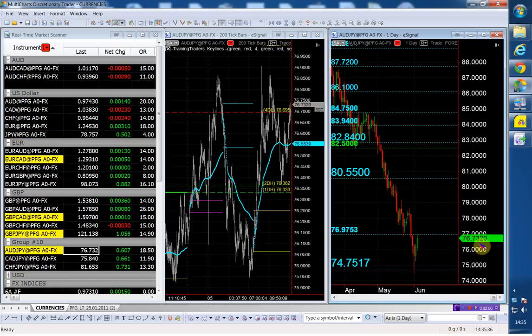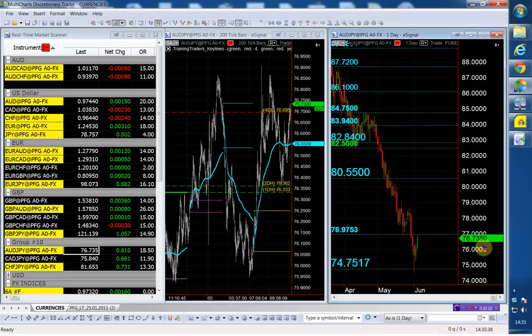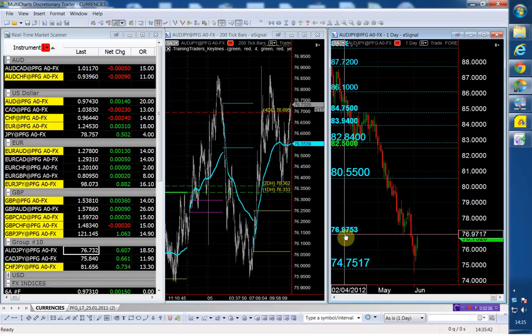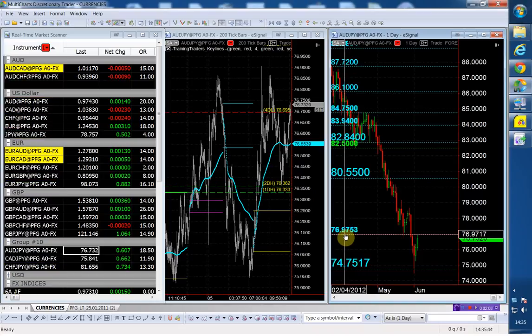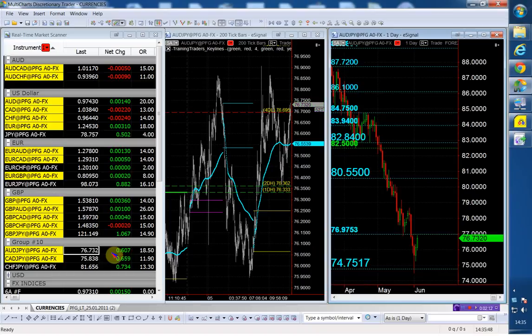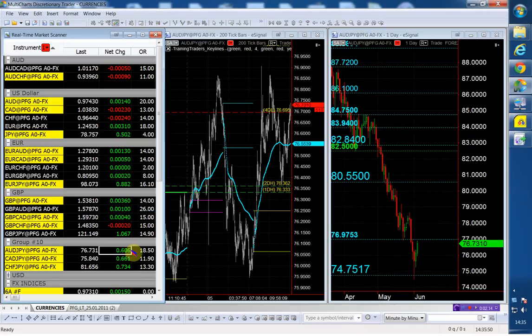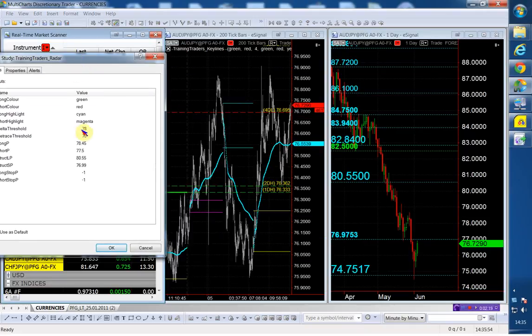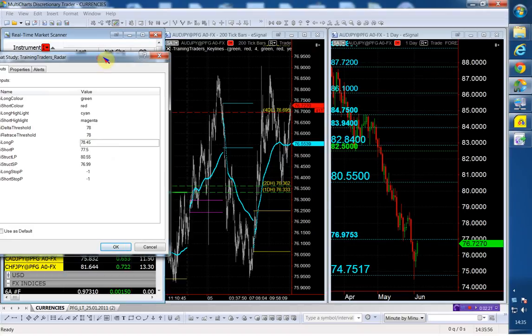We are now sitting at 76.73. We have a structure point at 76.97, so there is no reason for us to even touch this from the long side unless it gets above 76.97. So we're going to buy this if it gets to 76.97.